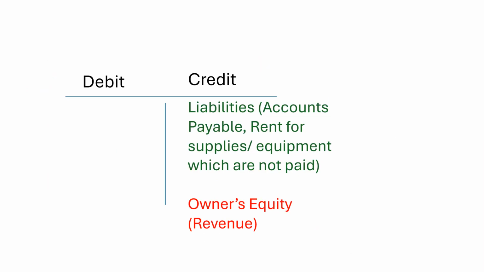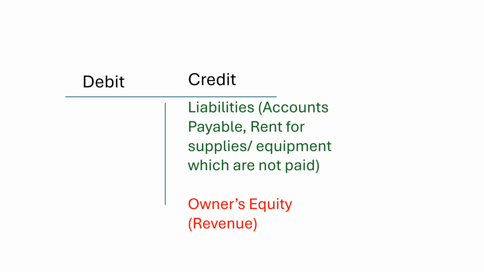Now we'll discuss the liabilities and owner's equity. So before that, let's clear our idea about what are liabilities and owner's equity. There may be various types of liabilities and owner's equity. However, the most pronounced liabilities are accounts payable, rents for supplies or equipment which are not paid yet, and owner's equity, for example, revenue.